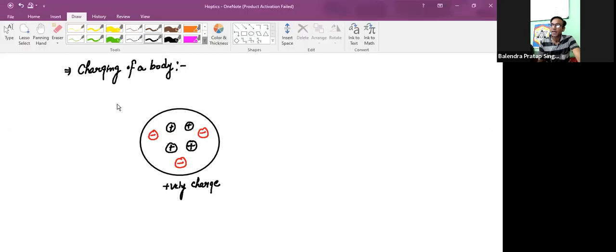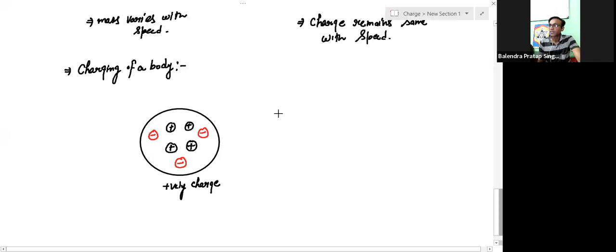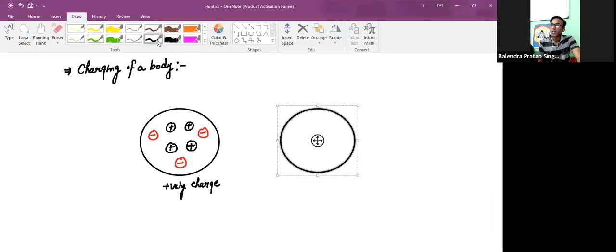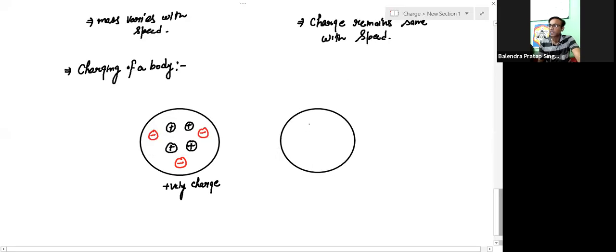In this example I am again taking a few charges. First I am considering some positive charge. Suppose again this body has the same number of positive charges, again 1, 2, 3 and 4.